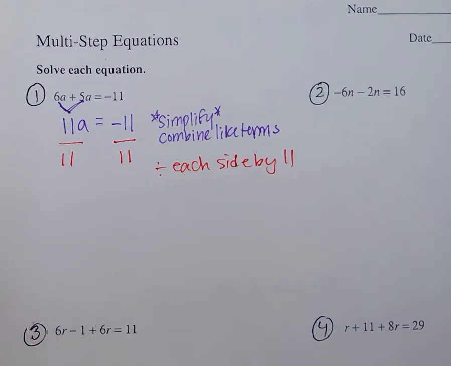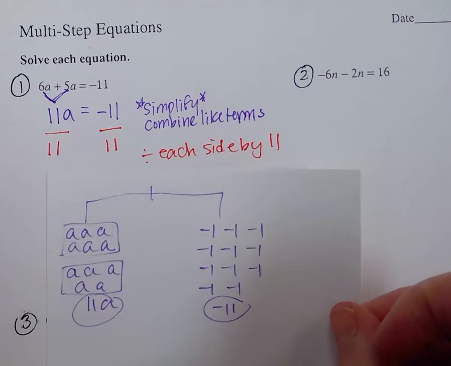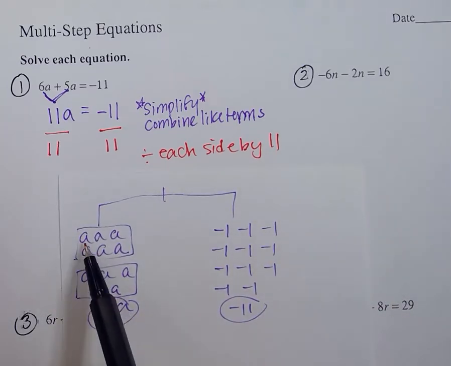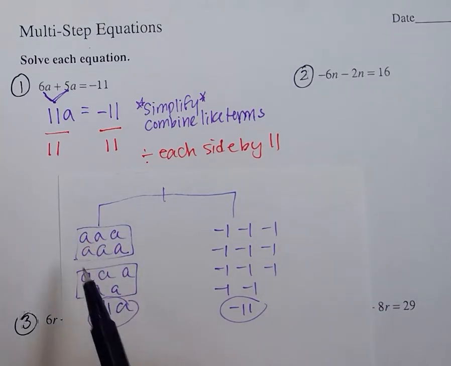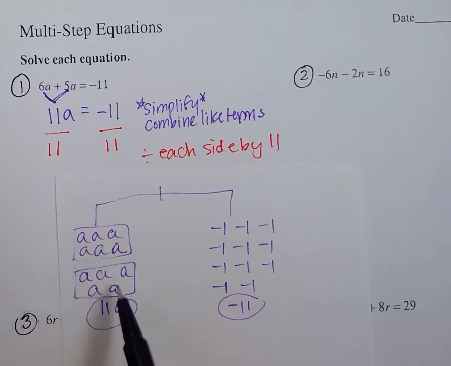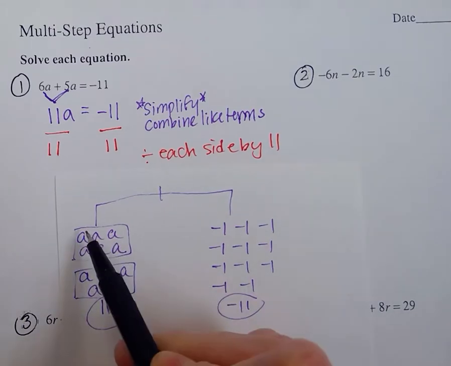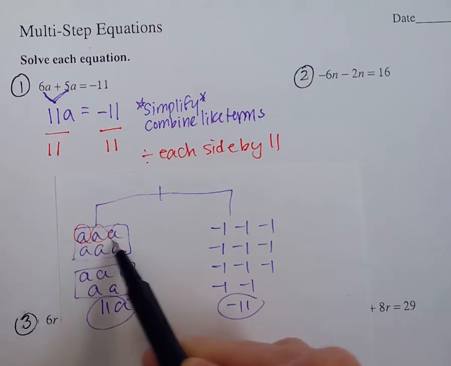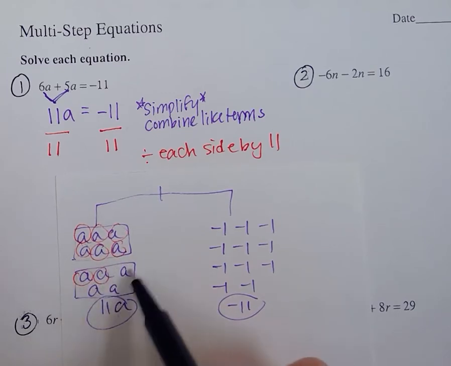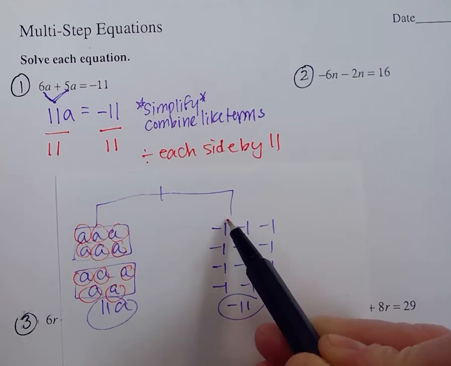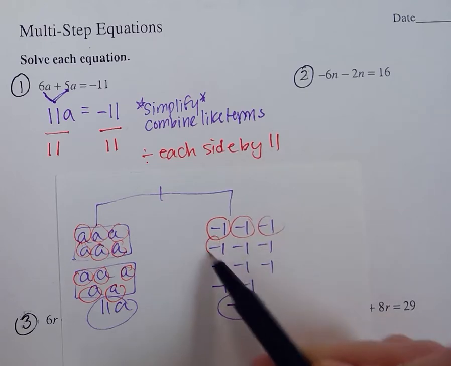So if we went back to the hanger, if I want to find out how much 1A is, I'm going to break these A's up into 11 groups. If I break these A's up into 11 groups, I need to break the negative ones into 11 groups.